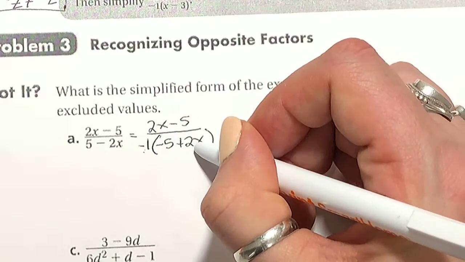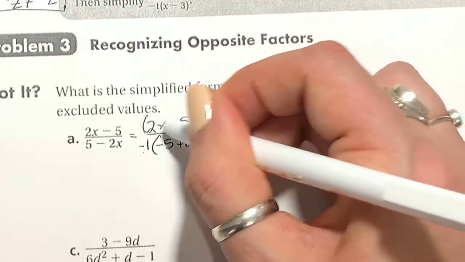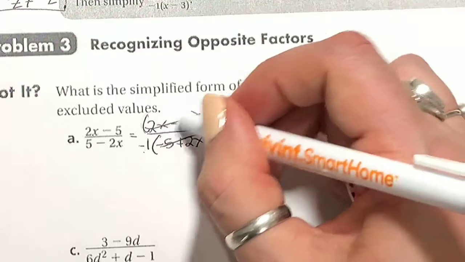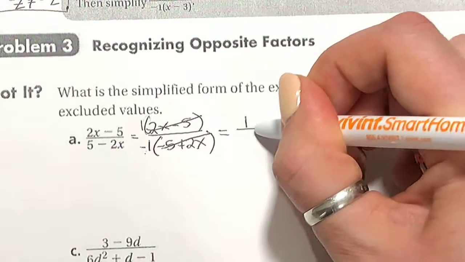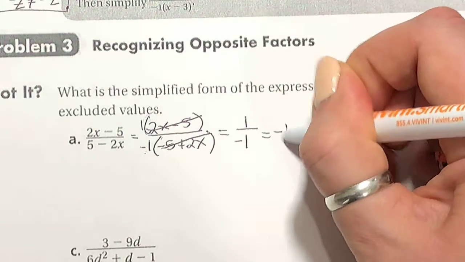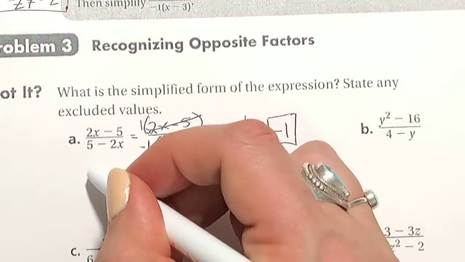They're written backwards from one another, but they both have a positive 2x and a negative 5. If you want to, you can rewrite them, but we can just go ahead and cancel them now. But remember that on the top, when everything cancels, there's like a 1 in the front. So it's really like we have 1 divided by negative 1, which simplifies to just negative 1.